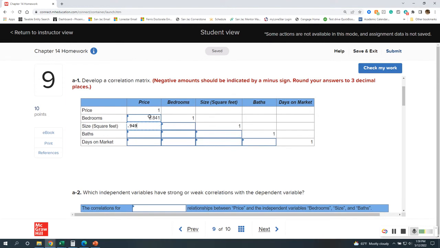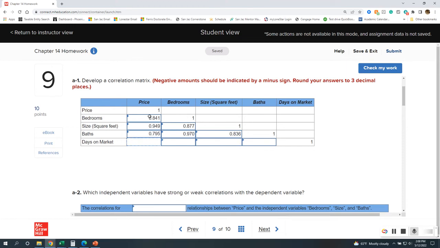Now I'm going to go ahead and fill out the whole chart. Let's see if any of them are correct. So size, bedrooms, baths. For the price, 0.794601. Bedrooms, 0.970472, and then size is 0.836283.